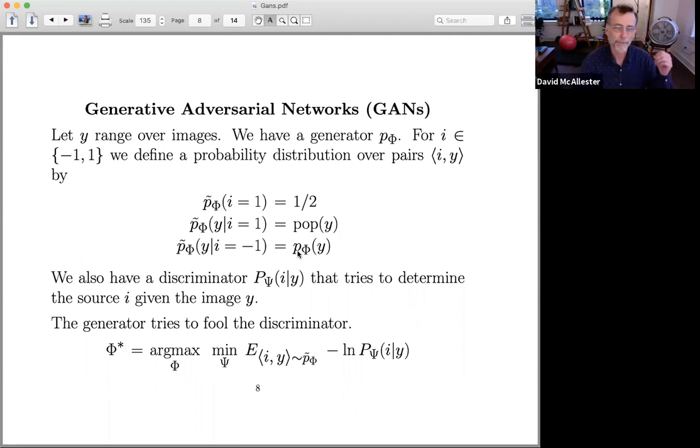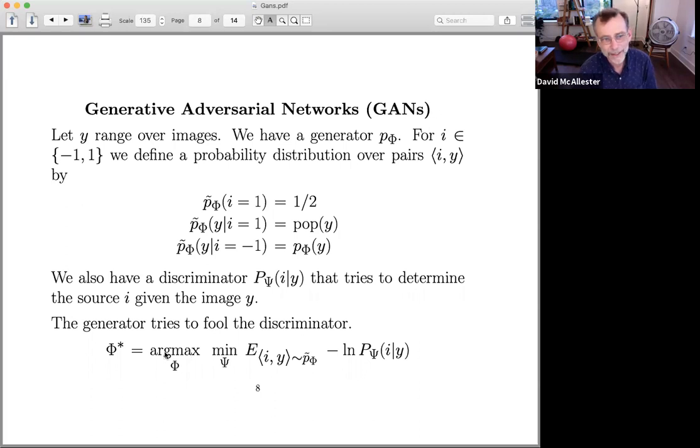So I either draw from real images or I generate an image from my image generator. Then I have a label which tells me whether this image was from reality or from the generator. And I ask a discriminator to predict the label. The discriminator has to tell me, is this a real image or is this a generated image?